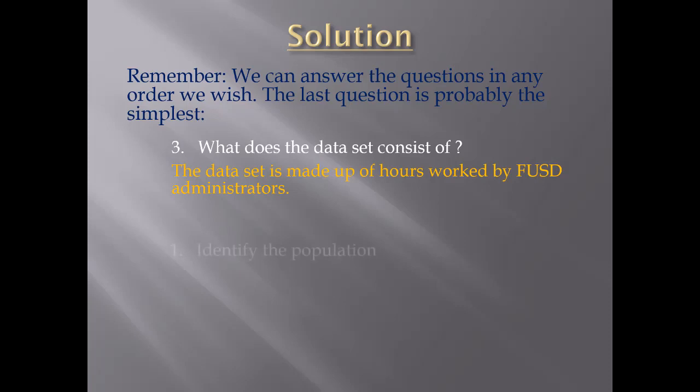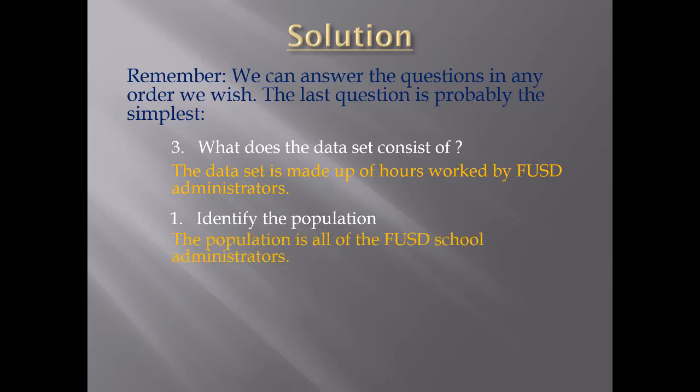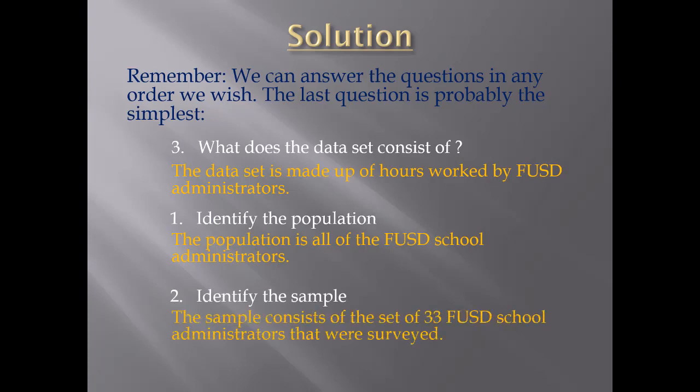Then question 1, identify the population. So the population is all the Fresno Unified School District administrators. Right, so that's who we're questioning. And then the sample is the 33 Fresno Unified School District administrators that were surveyed. Right, so the population is several thousand in Fresno Unified School District.